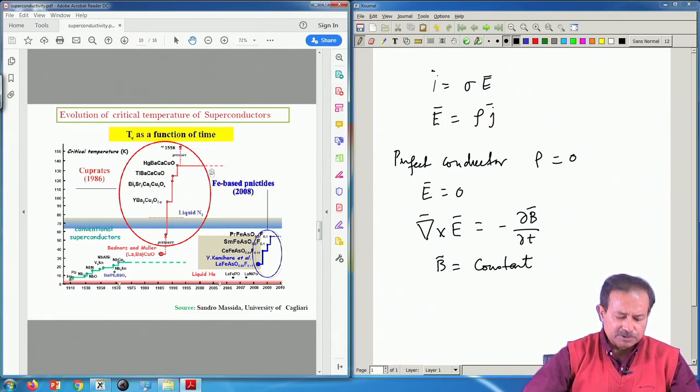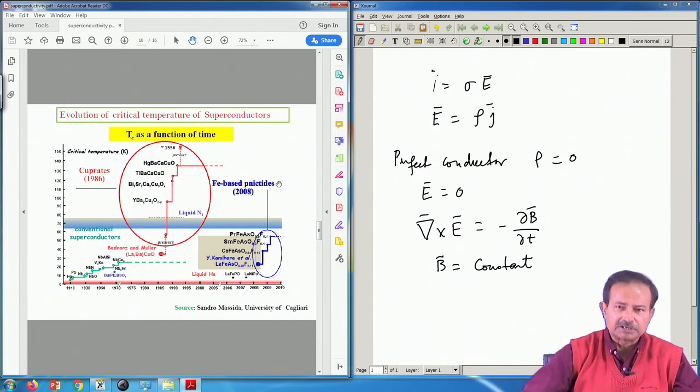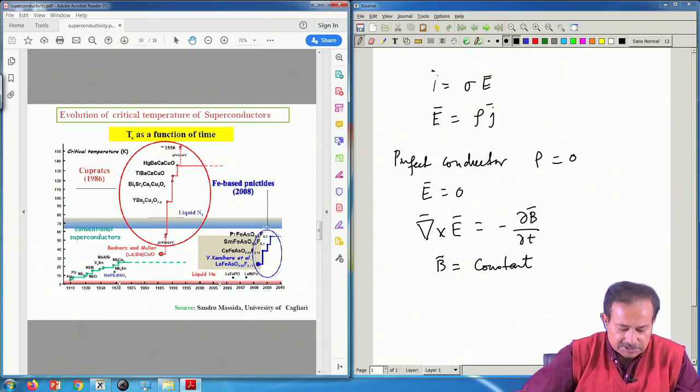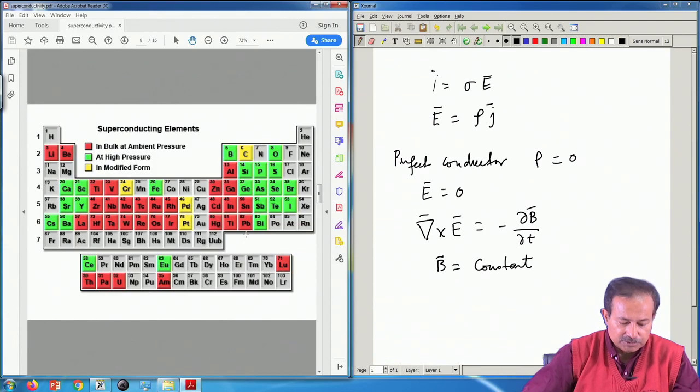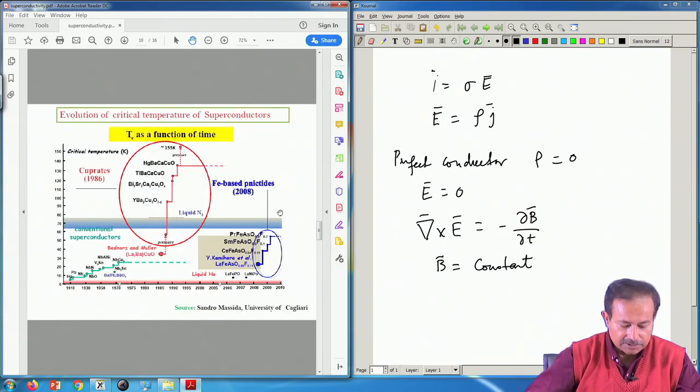The other class of superconductors that came about around 2008 are called Fe based pnictides. Pnictides are, for example, this column in the periodic table: nitrogen, phosphorus, arsenic, antimony, bismuth. When you form compounds of that kind, they are called pnictides.